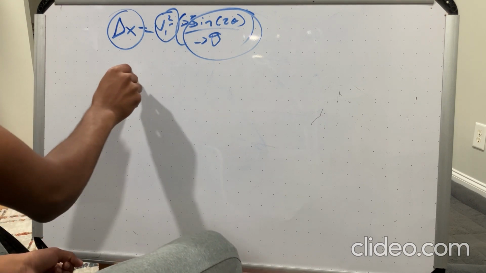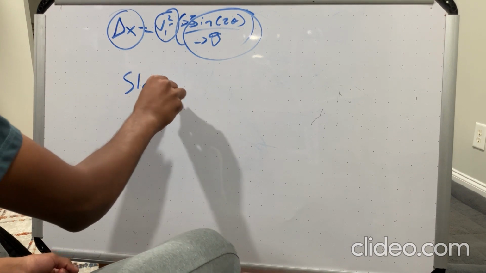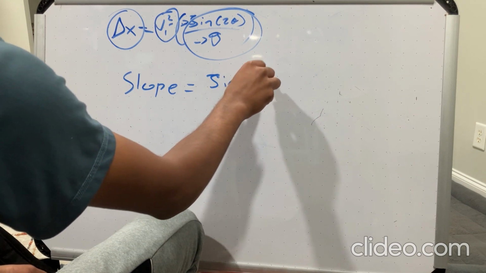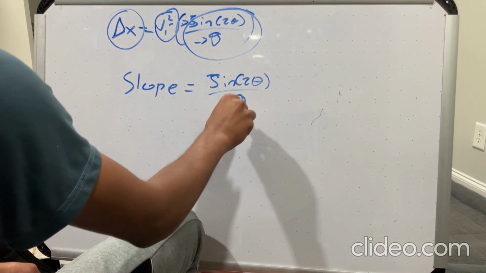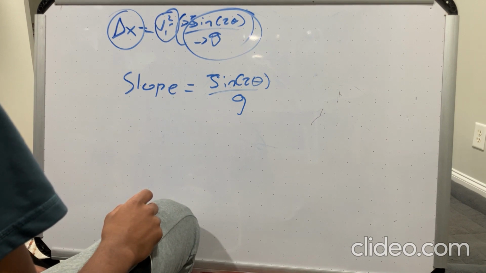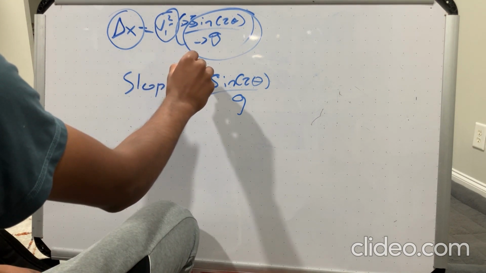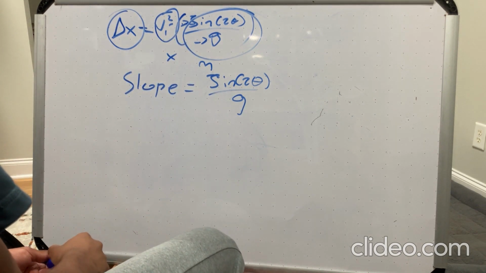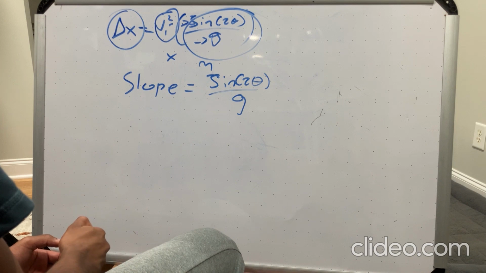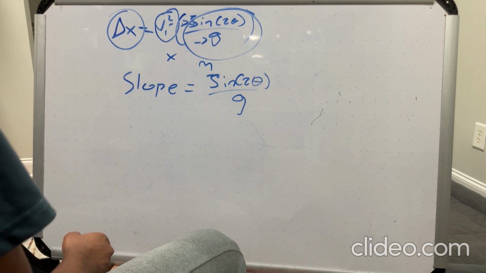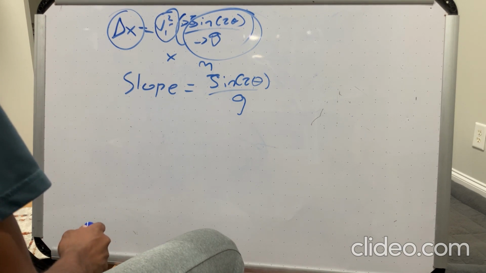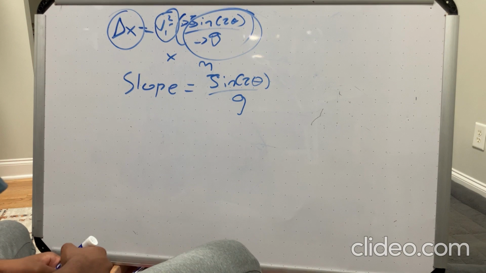The slope should have been sine of 2 theta over g, because this is m, this is x, and that is it. We got our slope.